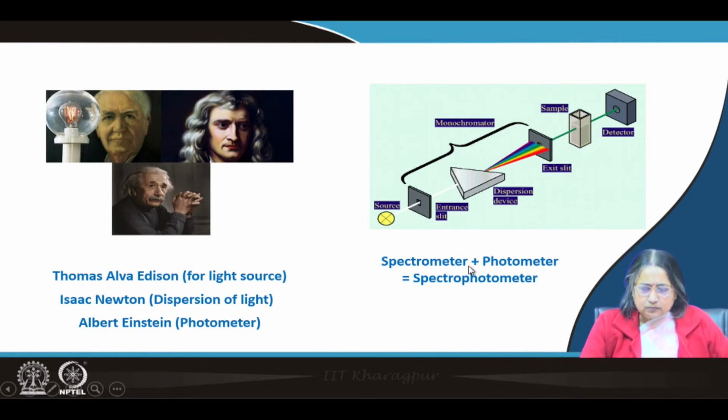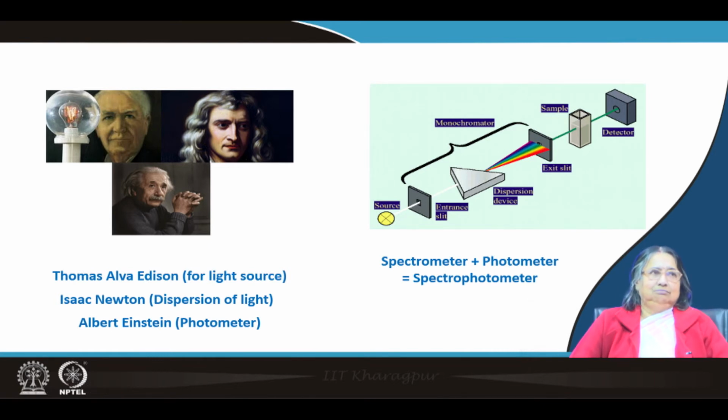Now, the second part is the diffraction grating, which means the light is dispersed into different wavelengths. Previously a prism was used, but now a diffraction grating is used. Here you see different lights coming, and then it passes through some solution, where the light is absorbed, and then the photometer comes in to monitor the light.